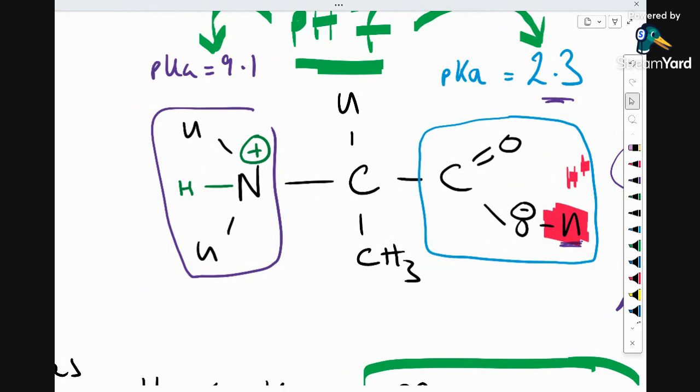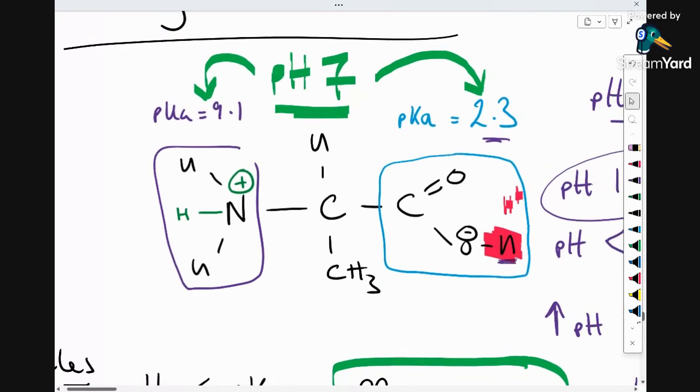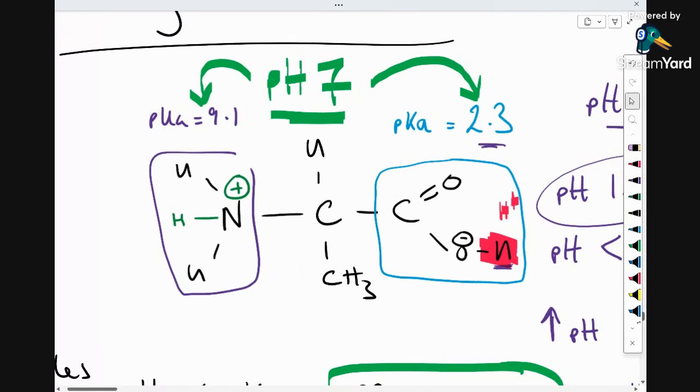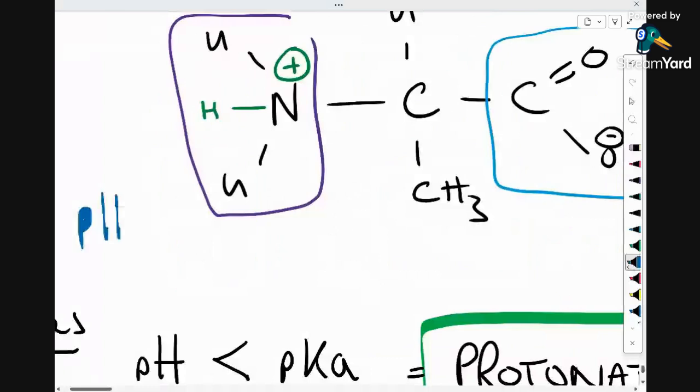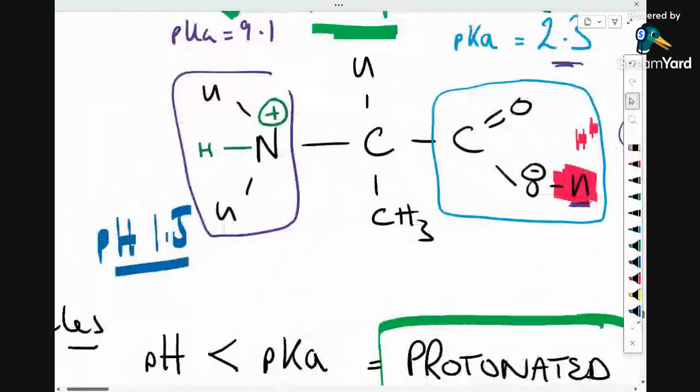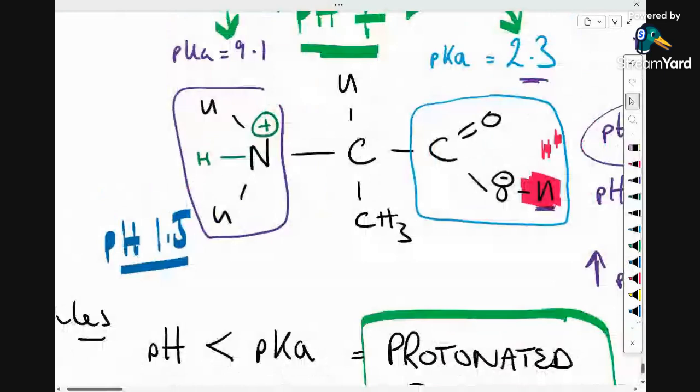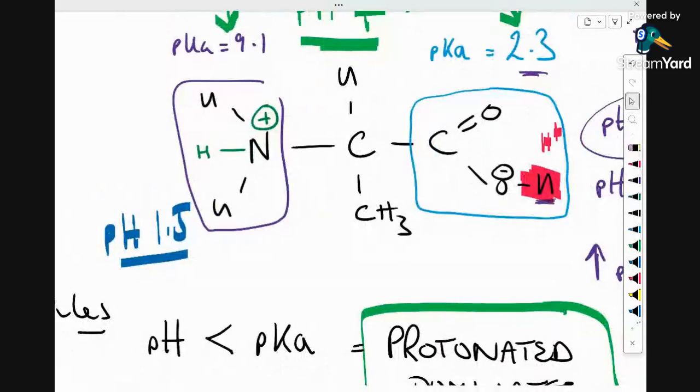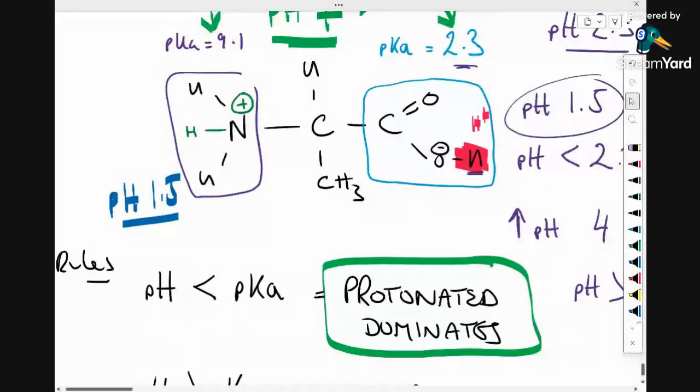If we were at pH 1, I just want to make it clear. Imagine we're at pH 1.5. At pH 1.5, what's going to happen to the amino group? Well, the pH is far less than 9.1, so we're going to be protonated.